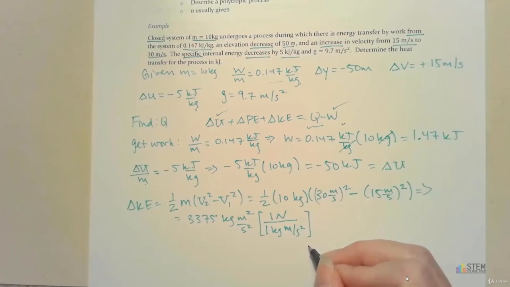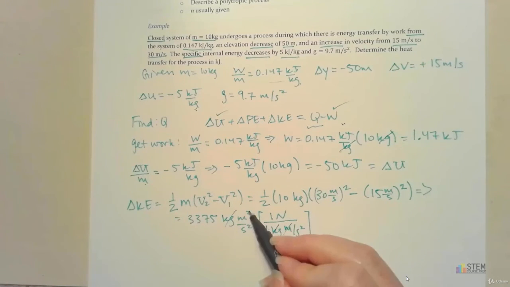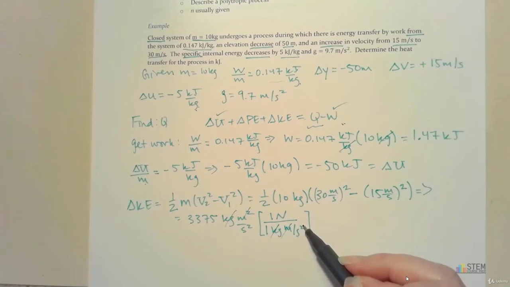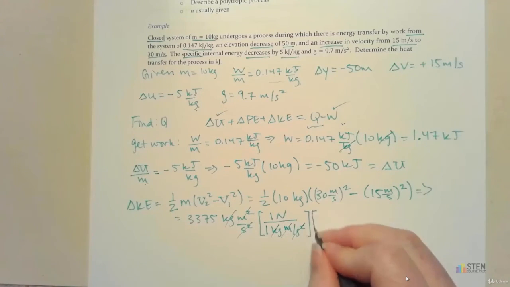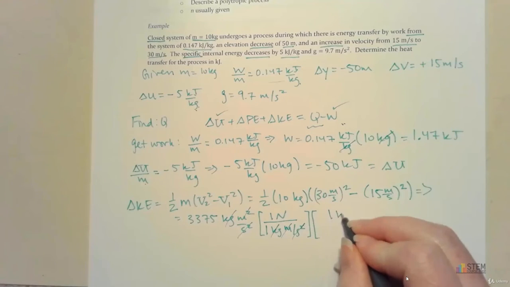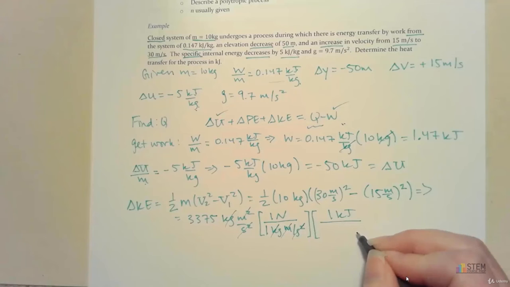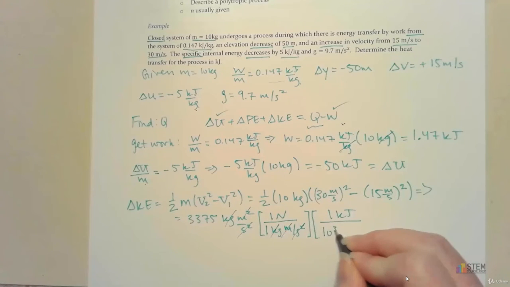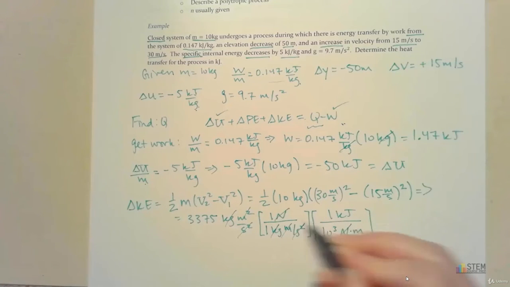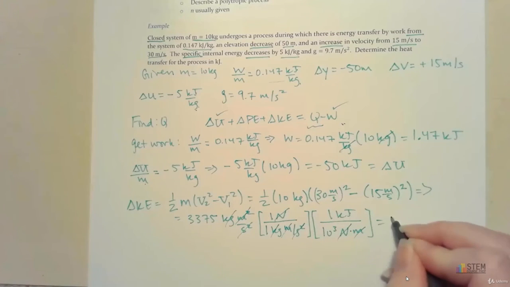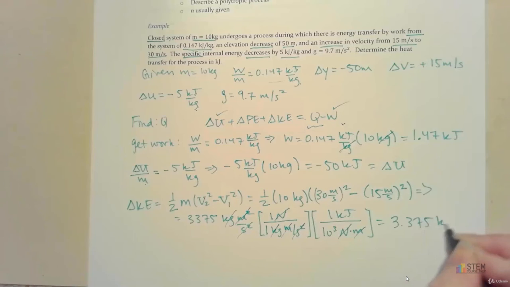That gets rid of kilograms, one of the meters, and the second squared. Now we're left with newton meters. We want it in kilojoules, so remember the conversion from newton meters to kilojoules is 1 kilojoule per 10 to the 3rd newton meters. This will cancel out those remaining units and leave you with kilojoules. So now you get 3.375 kilojoules.